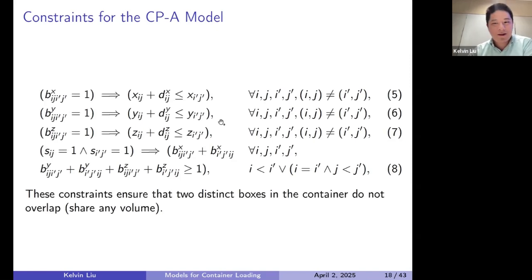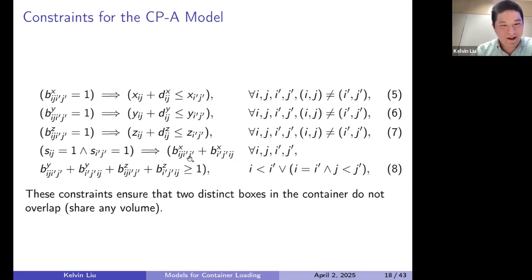As you can see, these can be quite complicated, but what these constraints essentially do is ensure that if you have any two different pairs of boxes, ij and I prime j prime, and they're both in the container, then they don't overlap. They don't share any volume. They have to be separated on at least one of the axes.